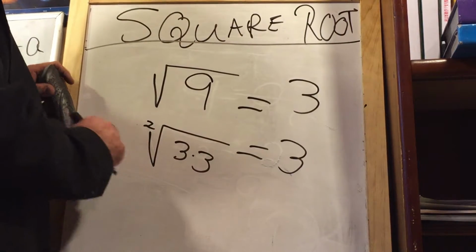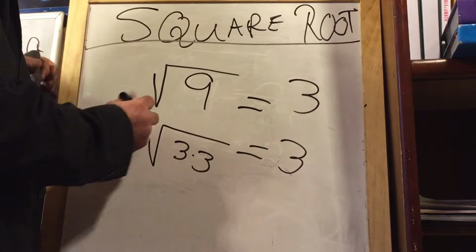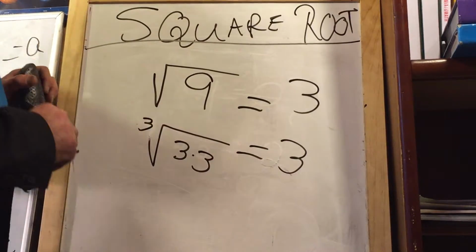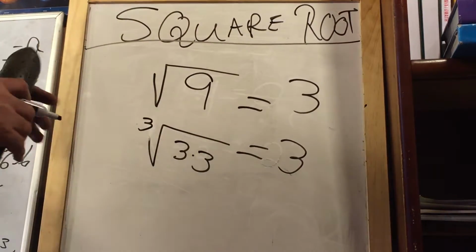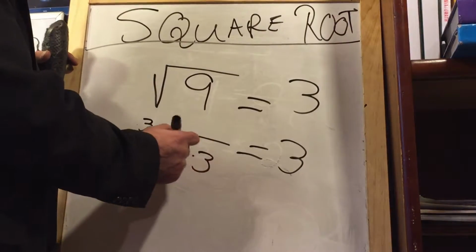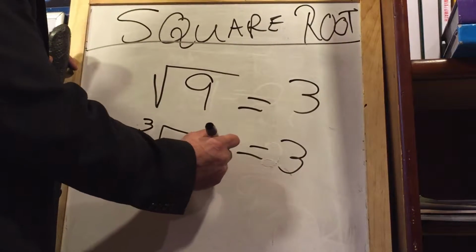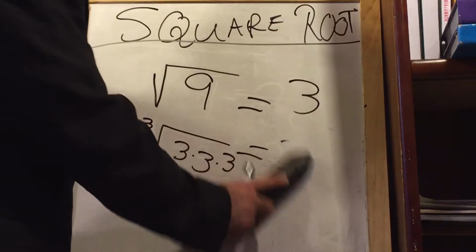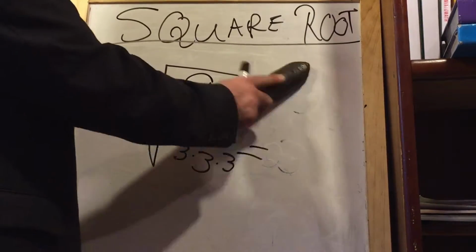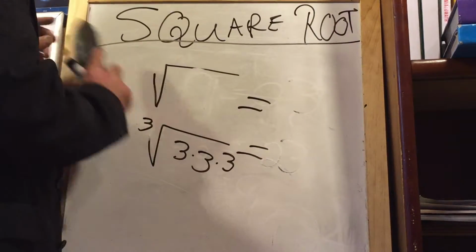If we have a cube root here, cube means what is the number multiplied by itself 3 times to get, for example, 27.